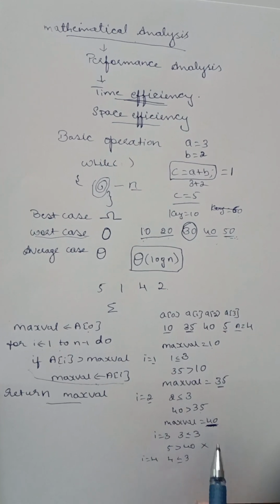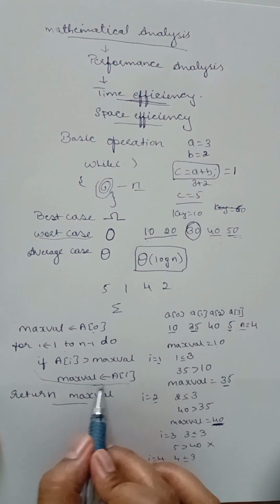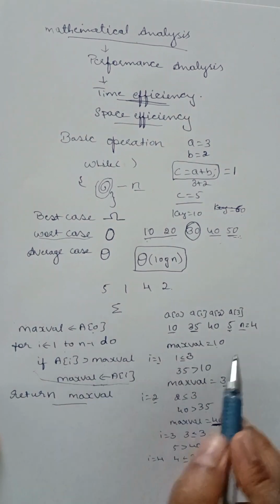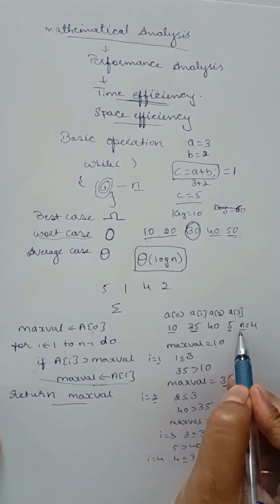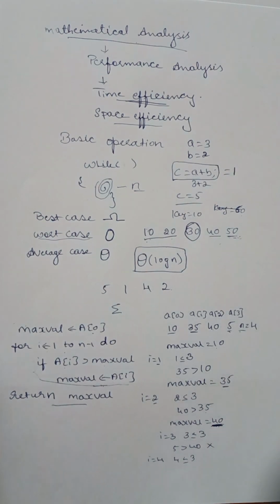So the basic operation will be equal to 1. Now I know what my basic operation is and what the input is. Now I have to find out the mathematical analysis for this.